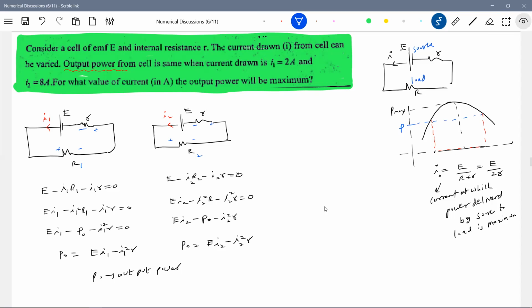There are two values of current at which the power will be the same, because this was the expression for power. The x-axis is current. This is power versus current, and for these two currents the power will be the same. There's one value of current at which it will be maximum. That is I naught.